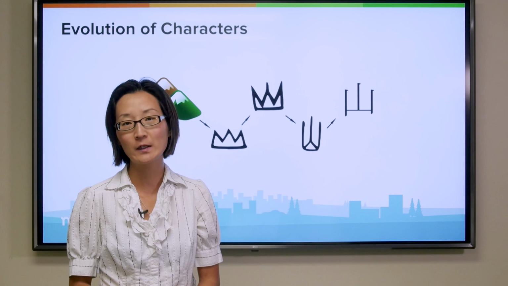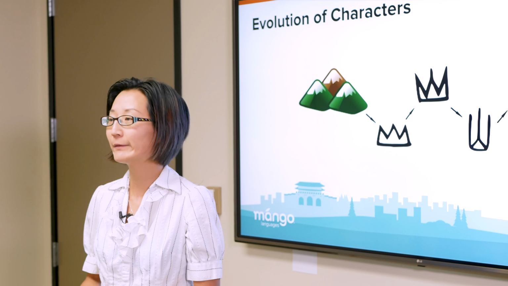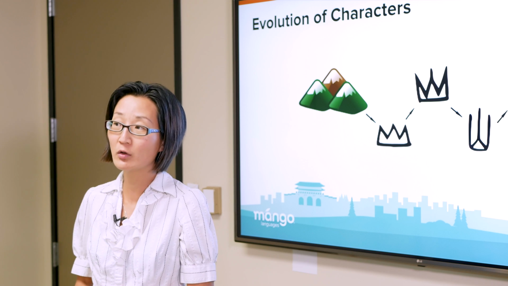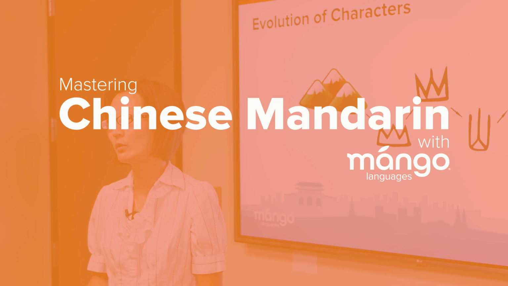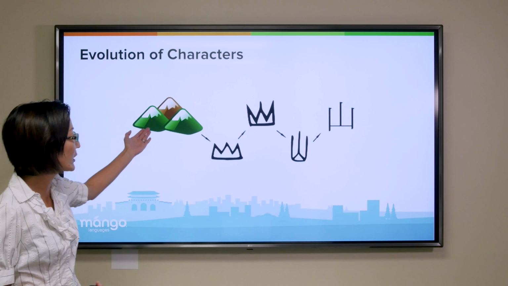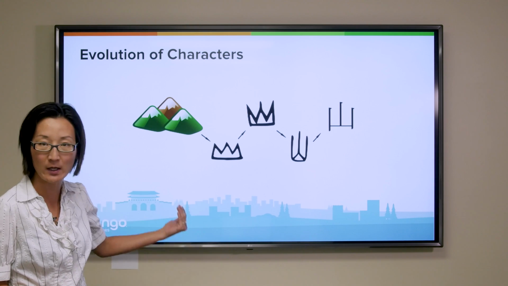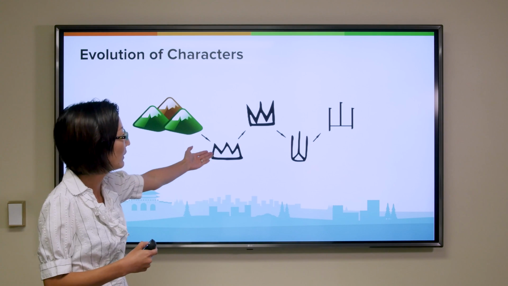A lot of Chinese characters are originally pictures. Here are some interesting examples to show you the evolution of characters. So as you can see, this picture apparently is mountain, and one of the very first images is like this.